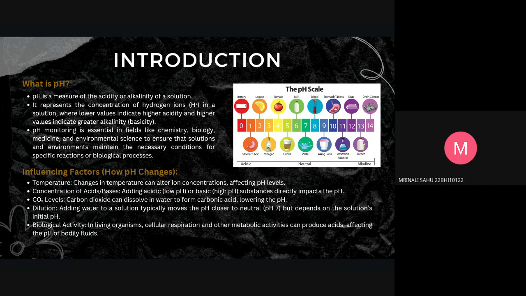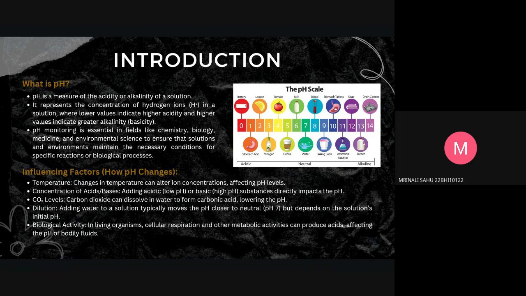Let's see the factors that influence pH. First is temperature. When temperature changes, it can alter ion concentration and affect pH levels. Concentration of acids and bases: adding acidic or basic substances directly impacts pH. Next is CO2 level.